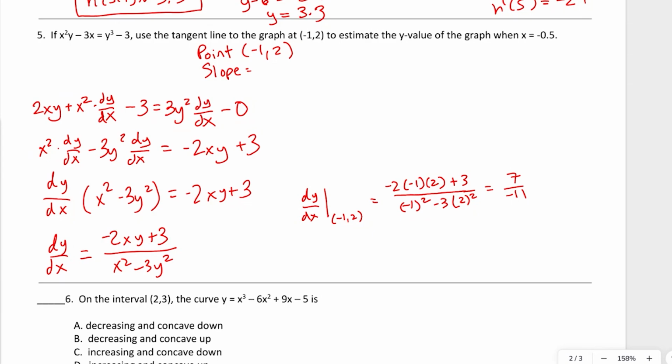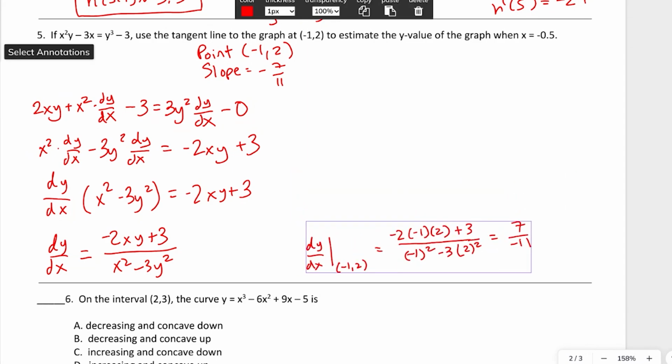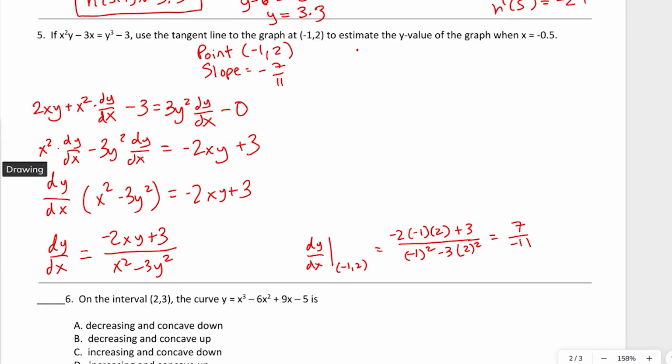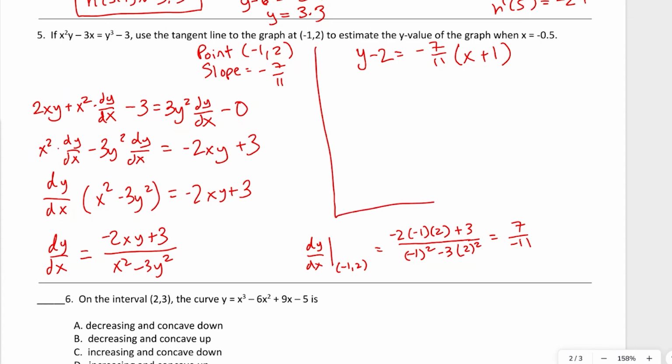So now I know my slope is -7/11, so I can write an equation for the tangent line: y minus 2 equals -7/11 times (x minus 1, or plus 1). Okay, so I want to use this equation to estimate the y value when x is -0.5.